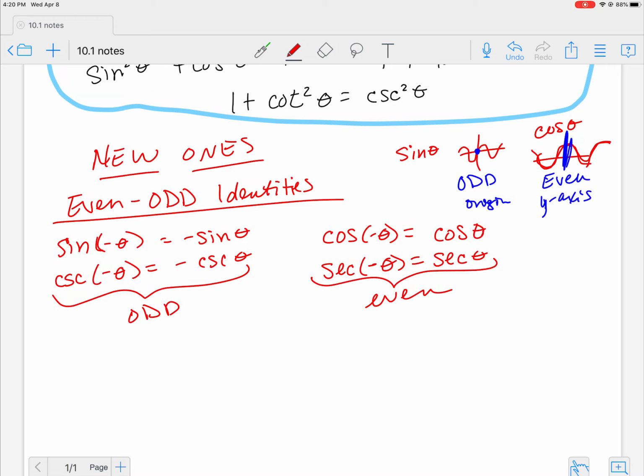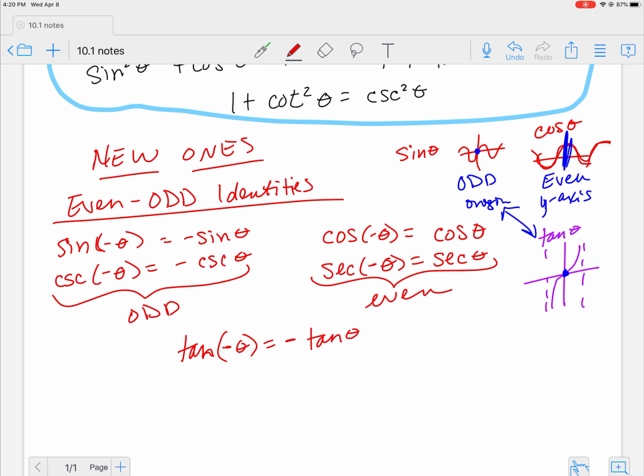Now what we haven't talked about yet is tangent and cotangent. Now keep in mind our tangent and our cotangent, when I'm still talking about sine over cosine and I have tangent, I'm sitting there on my center and I can spin that around, so it is also odd and symmetric about that origin.